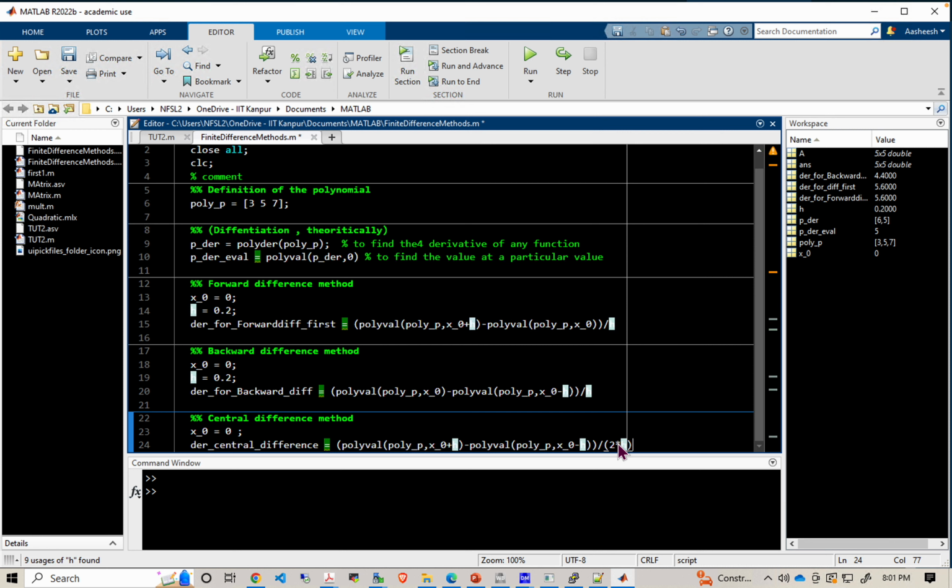This is our central difference formula, which I have just converted into a MATLAB formula.